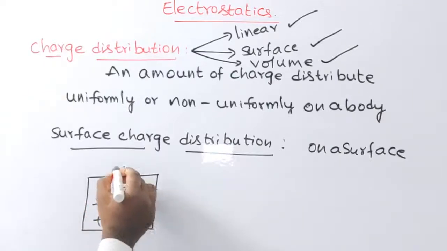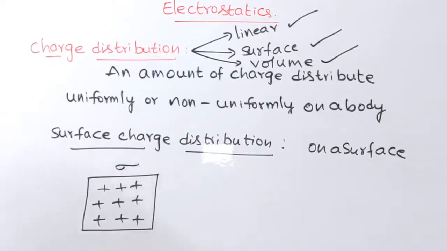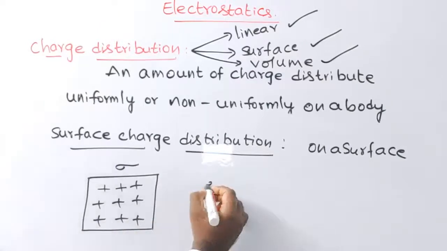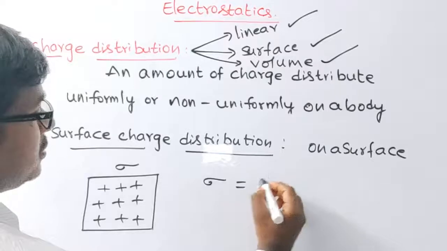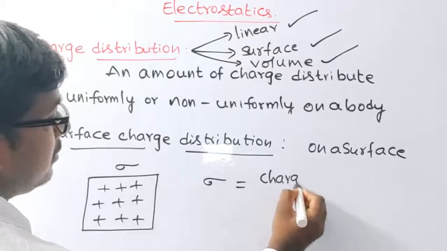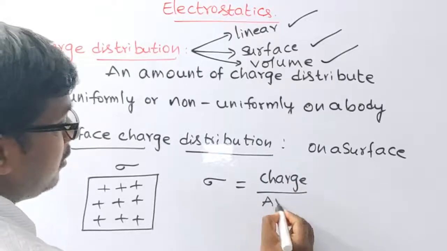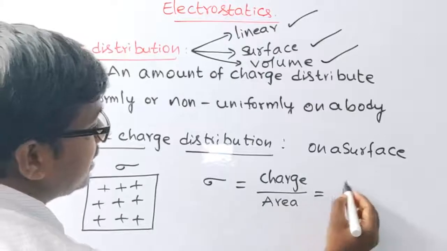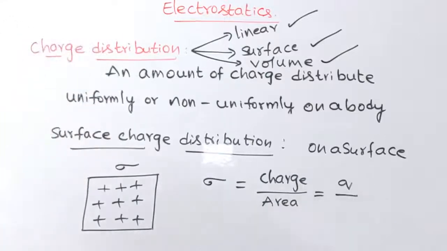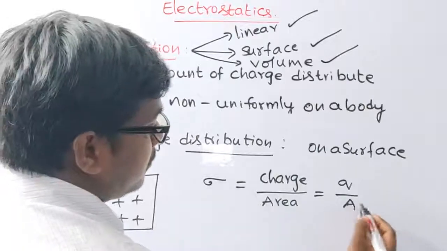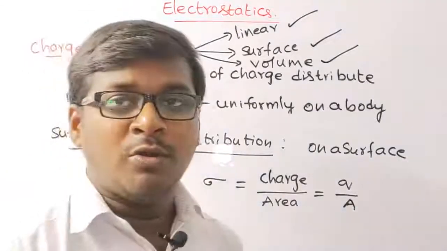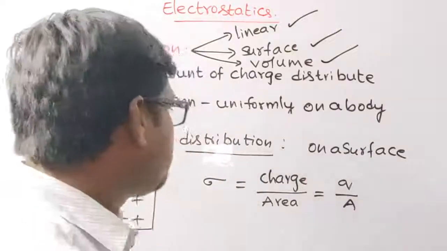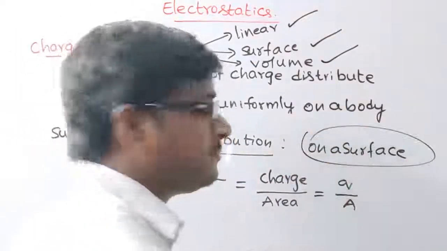It is represented by sigma. Sigma is equal to charge by area, that is Q by A. This is the surface charge distribution, acting on a surface.